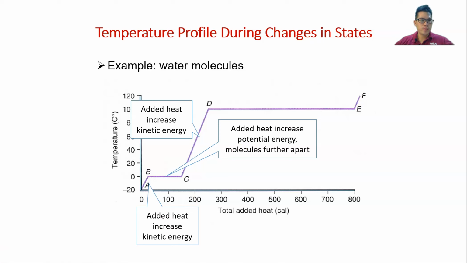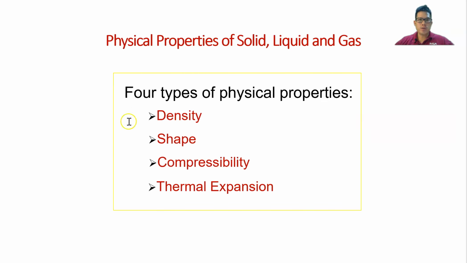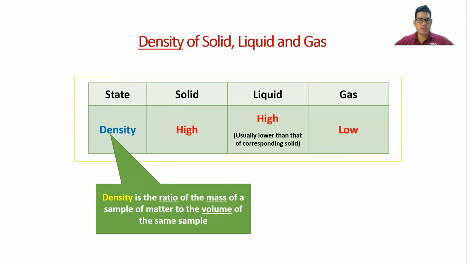Let's look at the physical properties of different states of matter. The physical properties we talk about here are density, shape, compressibility, and thermal expansion, how much it can expand due to heat. For density, solid density is very high, liquid is high but usually lower than solid, gaseous is low.